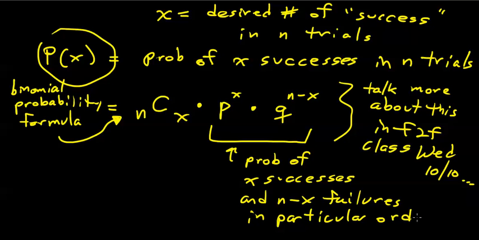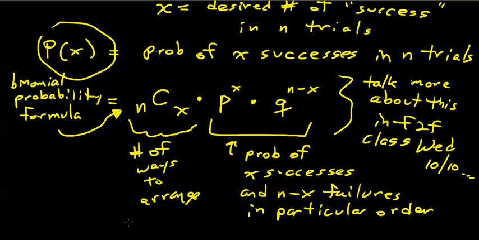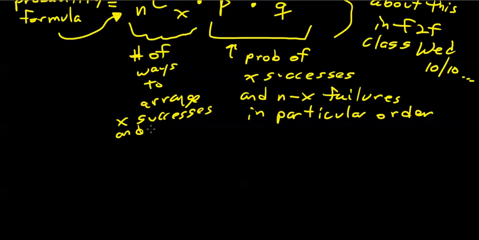So it doesn't count for all possible orderings of boys and girls, boy, boy, boy, girl, boy, girl, etc. And this factor, I call it n choose x, some people call it n combine x, it's the number of ways to arrange x successes and n minus x failures.